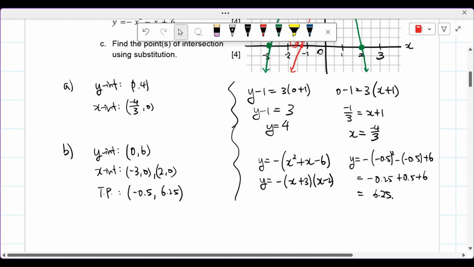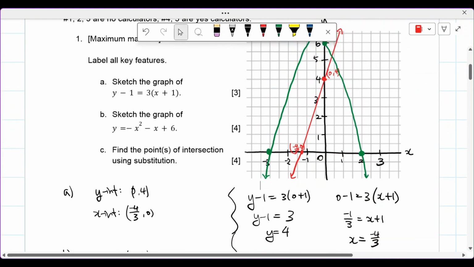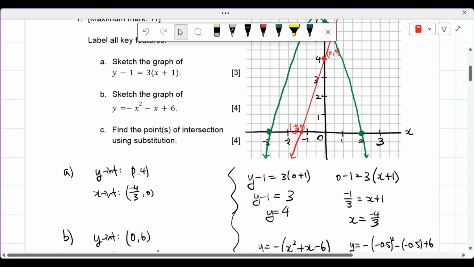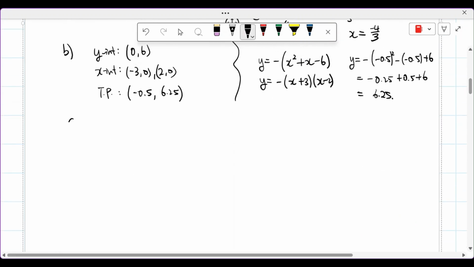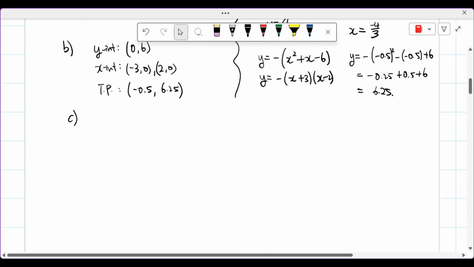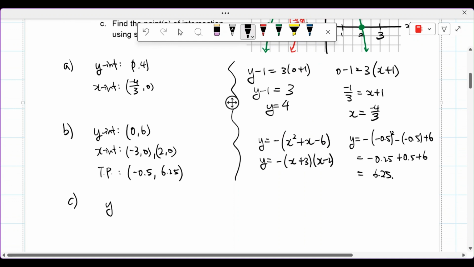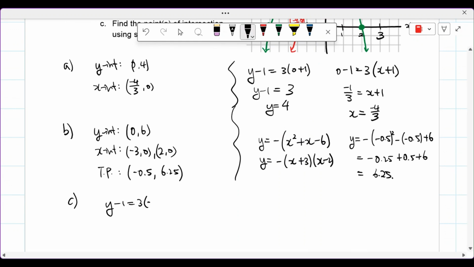Now let's find the points of intersection using substitution. I can see I have the first point of intersection here graphically, but I don't know the exact coordinate of it. So I think I'll need to solve it algebraically. I have a linear equation, y minus 1 equals 3 times x plus 1, and the other equation stating that y is equal to negative x squared minus x plus 6.